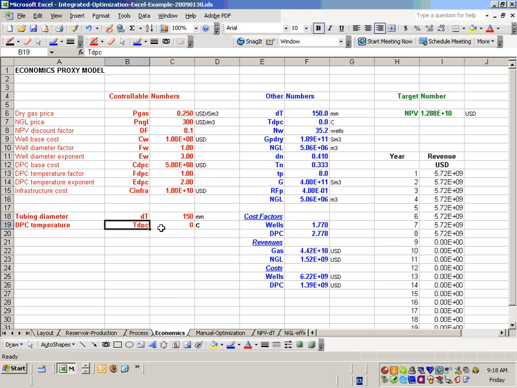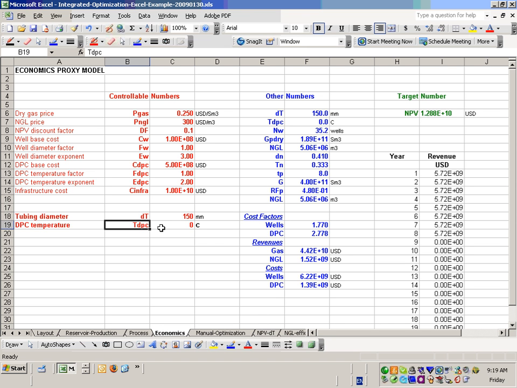The lower the temperature, the more revenue. But it's not only affecting the revenue, it also affects the cost. Because the colder you make it, the more fuel consumption, the more expensive the dew point controller unit. So you're also getting a cost effect. So the dew point controller temperature has both effect on the revenue and the cost. Both. Okay?